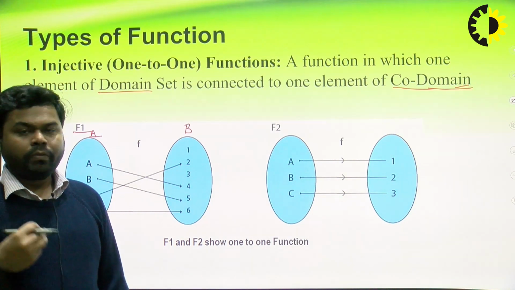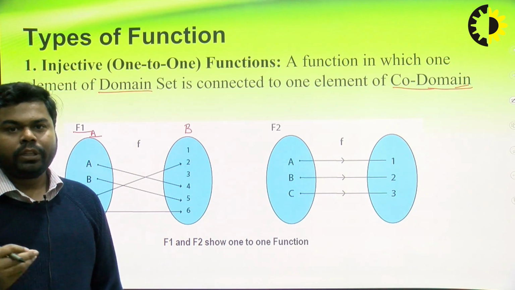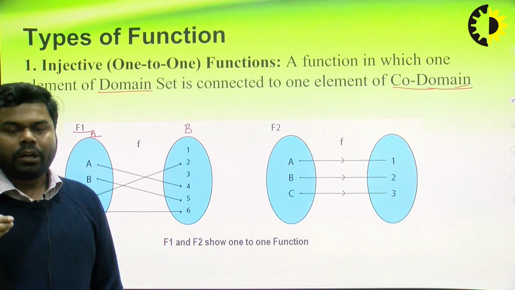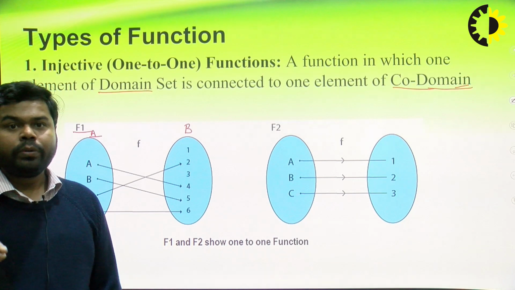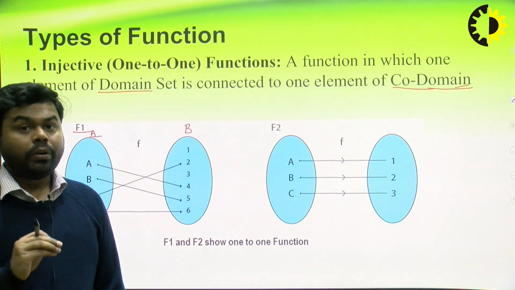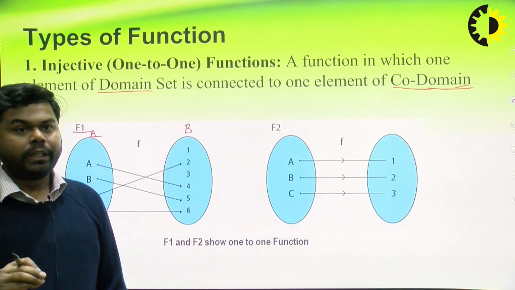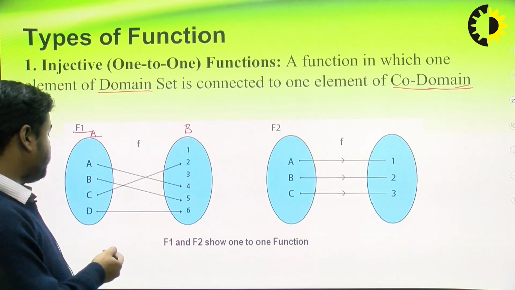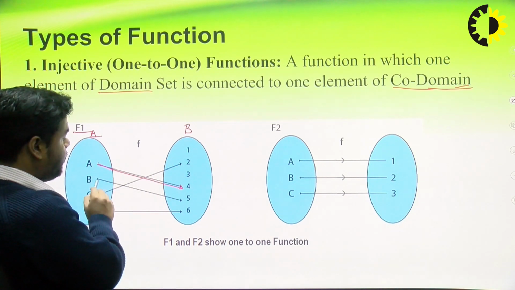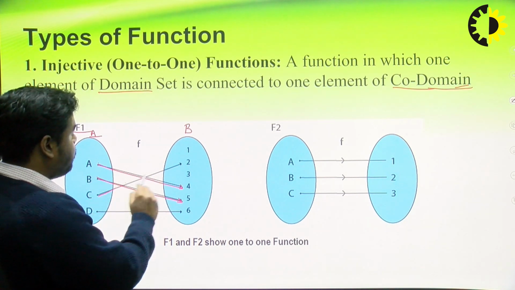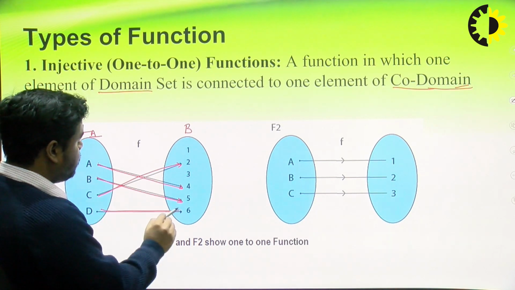Now, an injective function, a one-to-one function, states that the domain and codomain elements are related to each other by one element. They are not connected with many elements. Like I am going to describe, a is connected to 4, b to 5, c to 2 and d to 6.